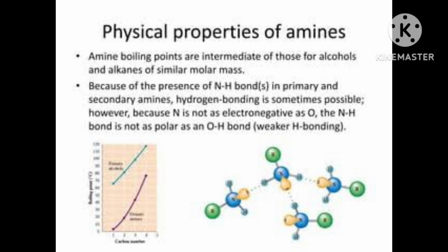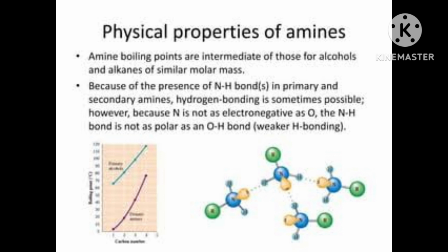Now physical properties. The lower aliphatic amines are gases with a fishy odor.